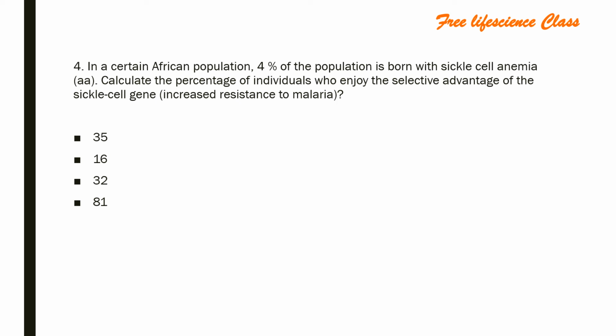Always remember that the heterozygous individuals enjoy the selective advantage of increased resistance to malaria, and they are carriers for this sickle cell gene. So their genotype is capital A, small a. Here the recessive case is aa. So we have to find the heterozygous condition, that is, we have to find 2pq.